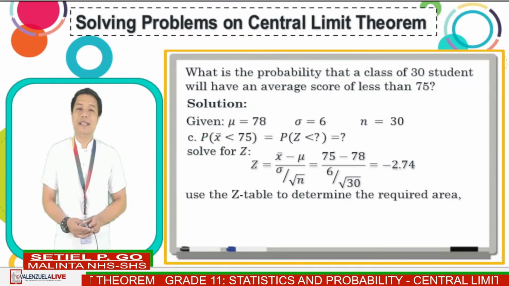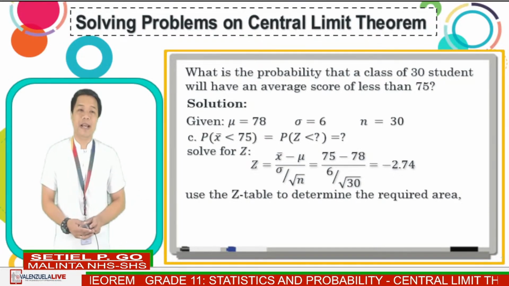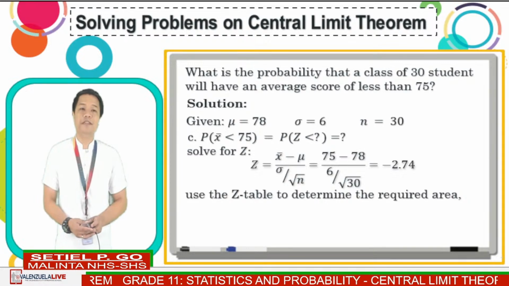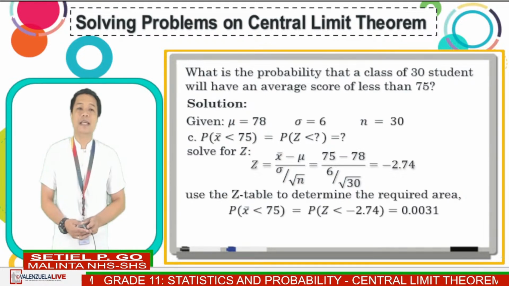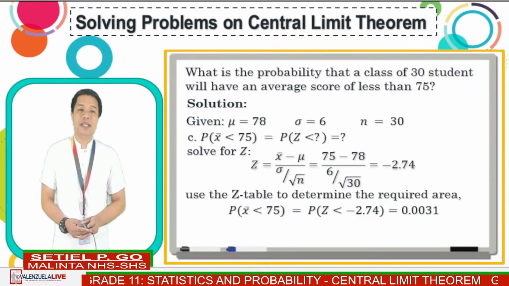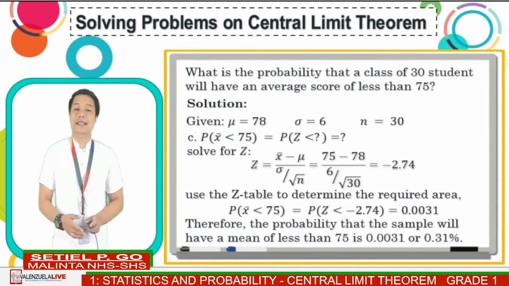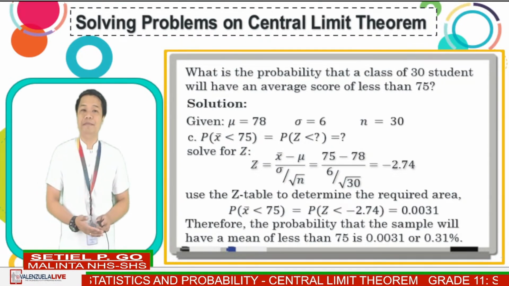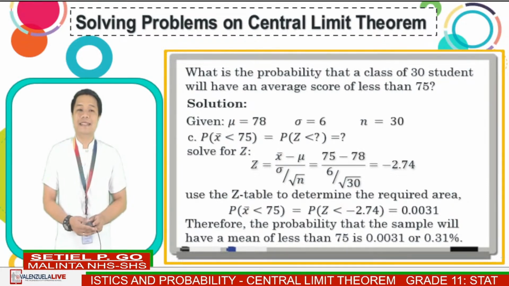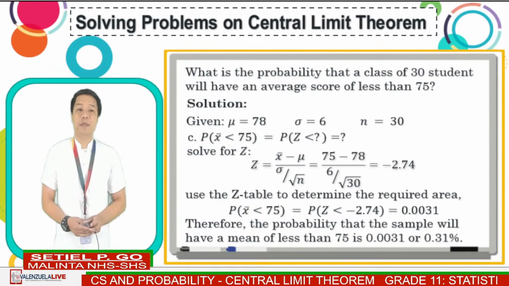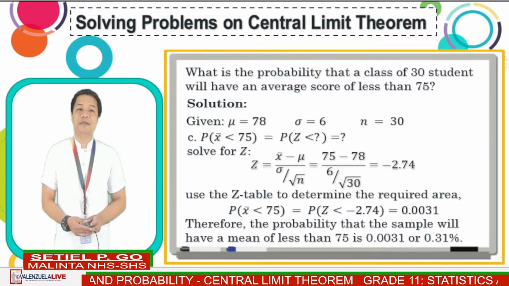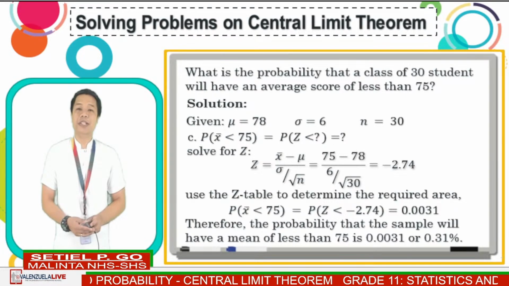Now, using the Z table to determine the required area, which is negative 2.74, the result is 0.0031. So therefore, the probability that the sample will have a mean of less than 75 is 0.0031, or 0.31%.